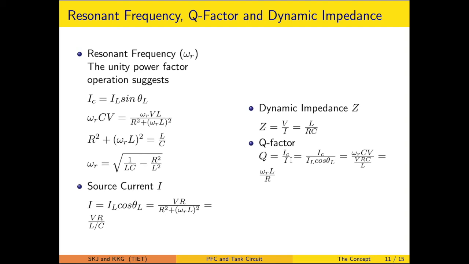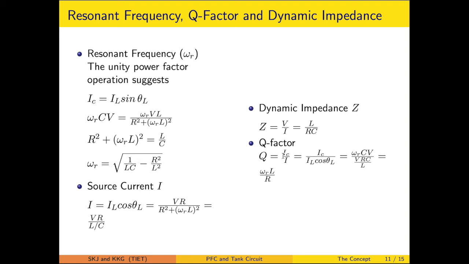The quality factor is the ratio of the capacitor current, the compensator current, to the current drawn from the source. So that is IC upon I. This is expanded into the form, and this is resulting into the same expression ωL by R, as we have obtained for the series case. So although the numerical expression is coming out to be the same, the interpretation is different.